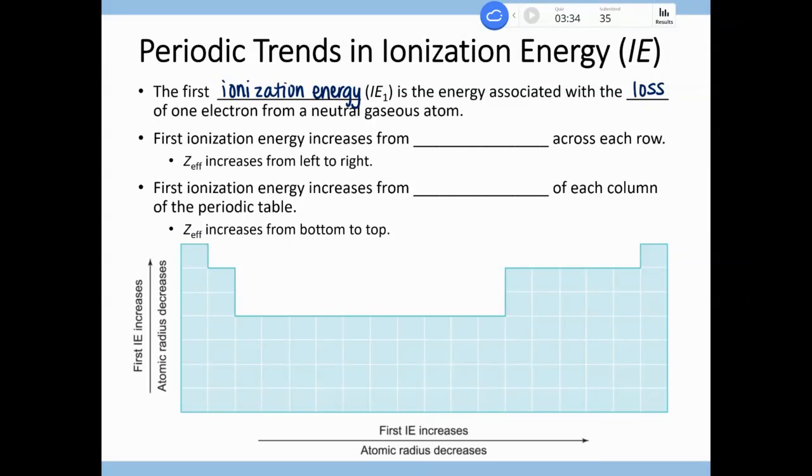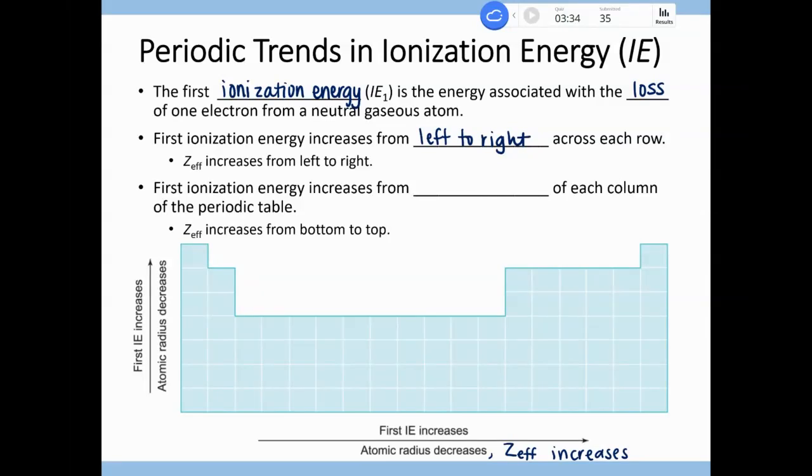So we can say left to right, the effective nuclear charge is also increasing. So first ionization energy increases from left to right across each row. All about number of protons there and energy levels of the outermost electron.